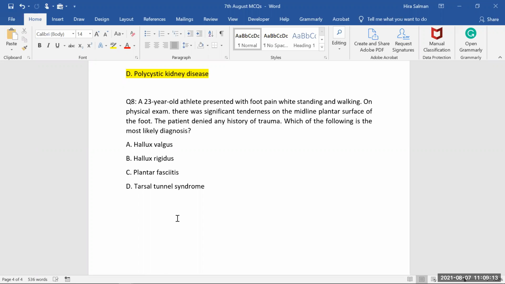So the one who is always complaining of pain in the entire foot, think about tarsal tunnel syndrome. Of course, this is not the presentation because here, on examination, it is only the plantar surface of the foot that is tender. So you will always think about plantar fasciitis.